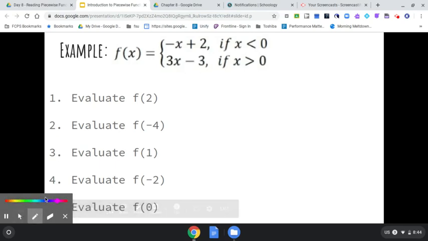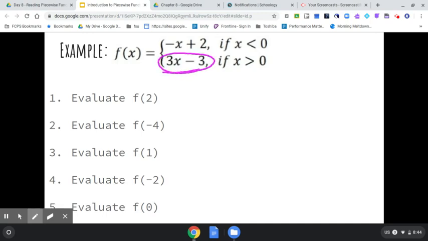So my x value is 2. So that would be x is greater than 0. So I'm going to use the 3x minus 3 equation. So 3 times the x value of 2 minus 3. That gives me 6 minus 3, which is 3.